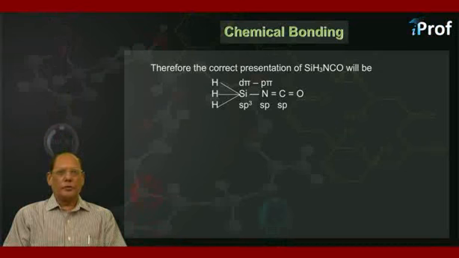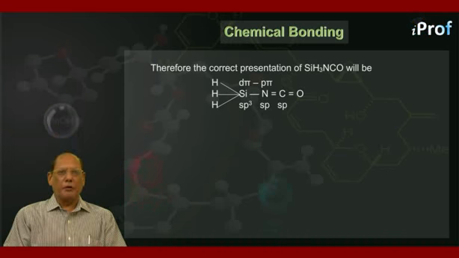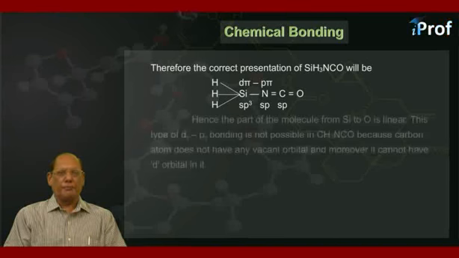Therefore, the correct presentation of SiH3NCO will be as given below, and here you find that the silicon atom is in sp3 hybridization state, the nitrogen is in sp state, and carbon is also in sp hybridization state.